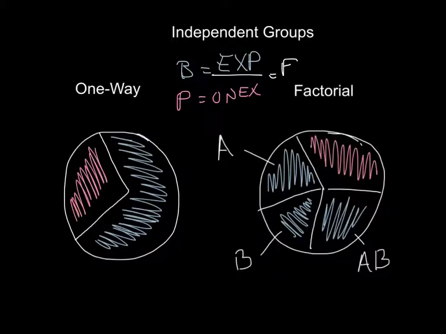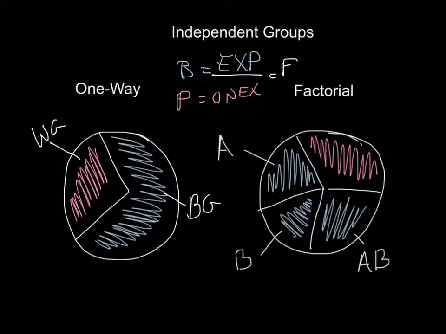Now in a one-way independent groups ANOVA, the explained variance is what we're going to label as between groups variance. So what's different between the groups of our independent variable. Our unexplained variance is our within groups, how participants within each level of the independent variable differ. So in a one-way independent groups ANOVA, our between groups variance is explained, our within groups variance is unexplained.